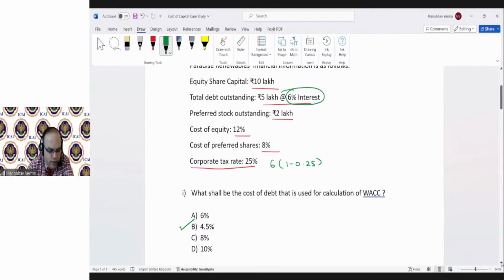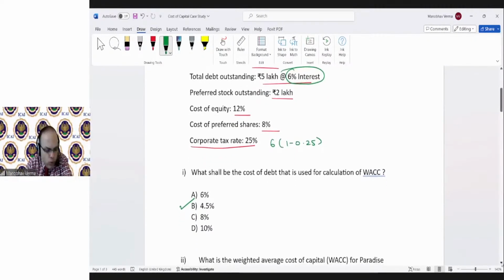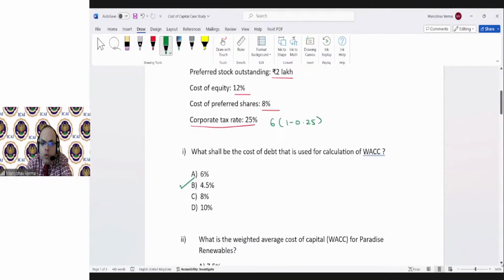Couple of answers were option number A, guys. Please double check. I think you have to do the tax shield. That is why the questions can be slightly tricky, that you will have a lot of options that can induce you into the wrong option. 6% interest is there, but there is a tax shield also. 4.5.